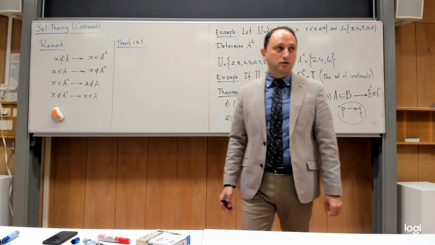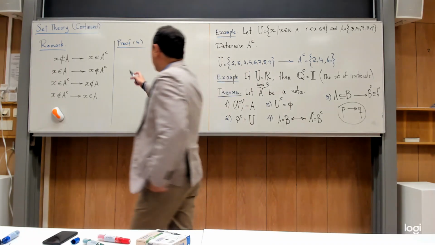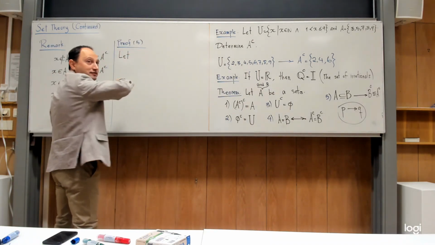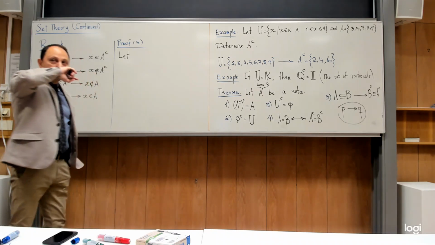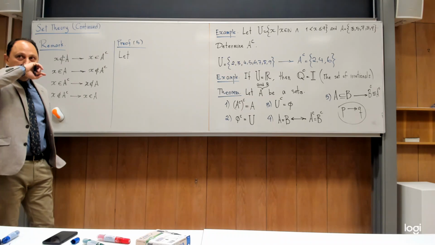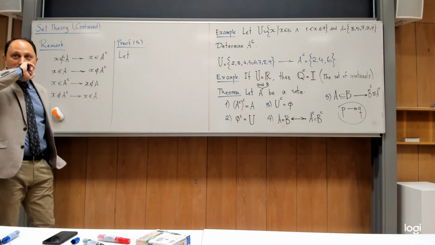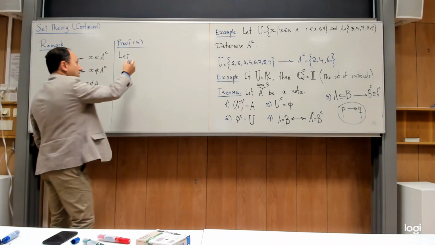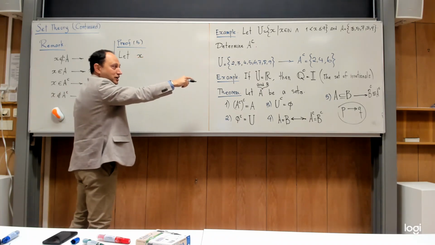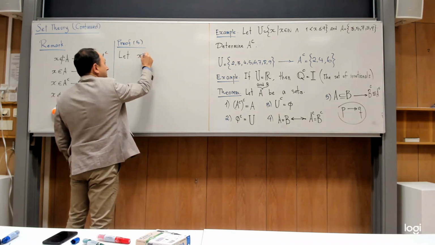Yes or no? Okay, so I would say that let. What should I write? Let. Let what? Let X be the name of that element which I have chosen from B complement.